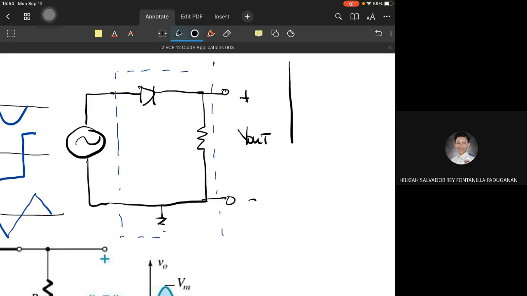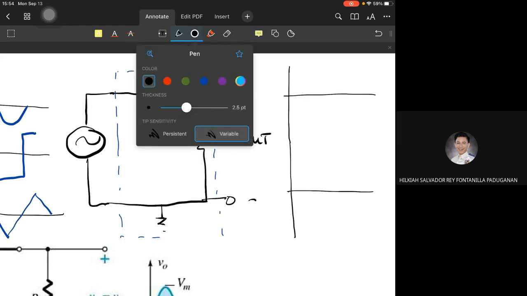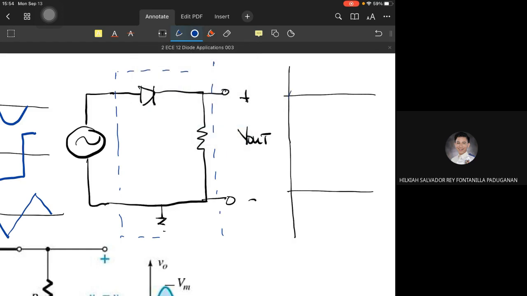If the input signal is a sine wave, maybe it is plus or minus 3, positive 3 volts and negative 3 volts, so 6 volts peak to peak, this peak and that peak.